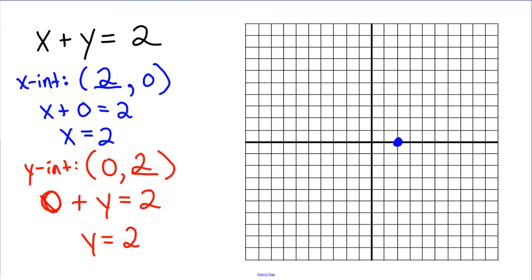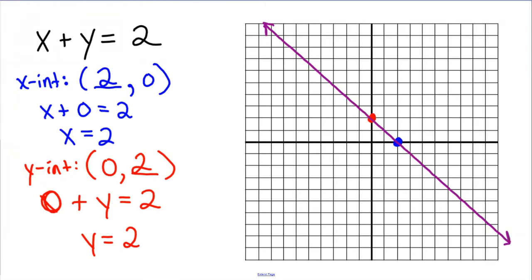So my y-intercept is at 0, 2, right here. So those are the 2 points that I need to find out where my line is. And then if I'm just careful enough, I can draw my line through my graph. Again, make sure that line extends all the way across your graph to show all the possible solutions.